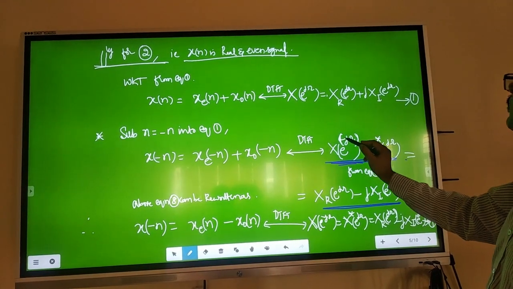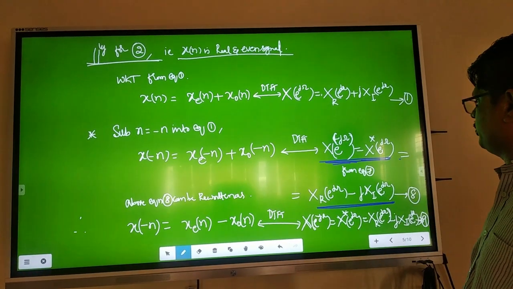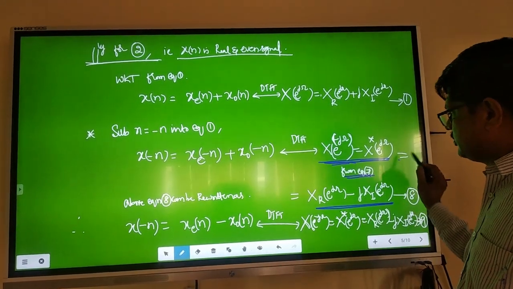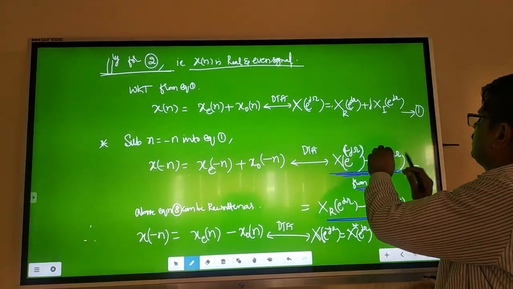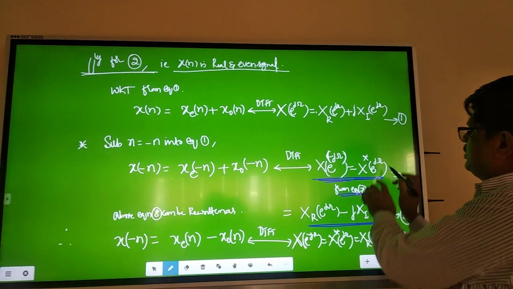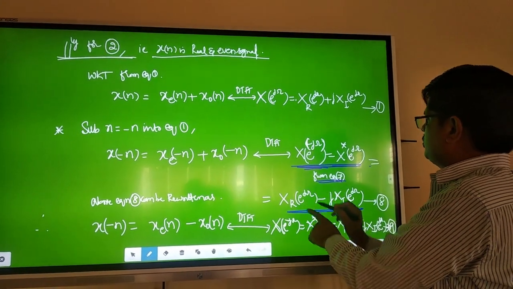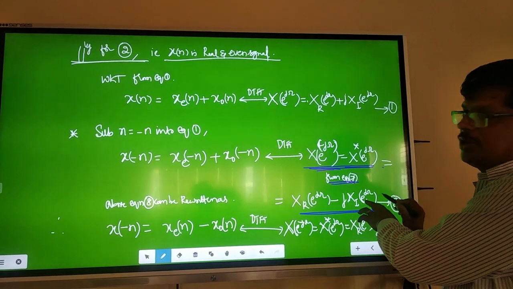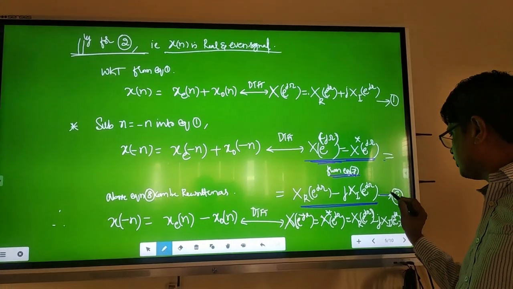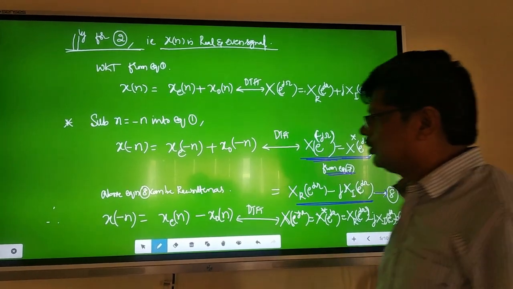Now see. X of e power minus j omega is x star of e power j omega from equation 7, which is equal to, x star of e power j omega is nothing but what? Conjugate of x of e power j omega is nothing but x real part of e power j omega, conjugate means minus, minus j x_i of e power j omega. Call this equation number 8.